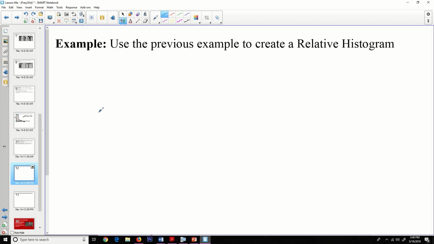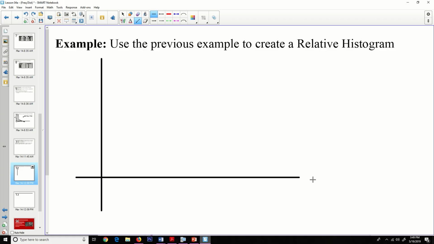So it's going to look fairly similar. So we'll get a table there. We'll go like this. And so along this side, we're going to do percentage. And then let's see, how are we going to do this?